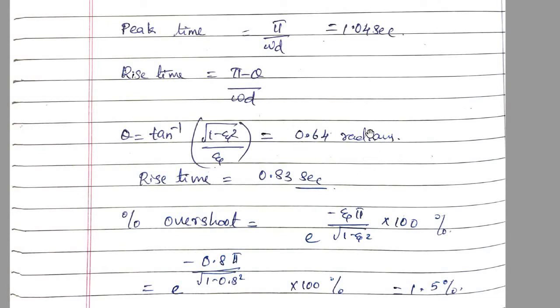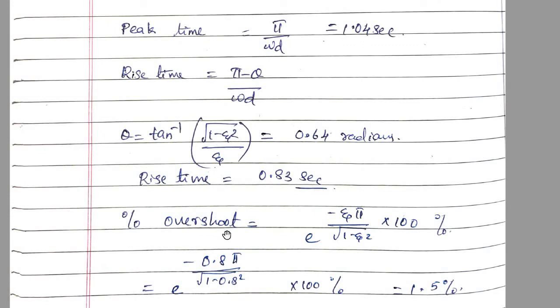In finding all this, make sure that your calculator is in radian mode. We have to find the value of theta in radians only, not in degrees. If we substitute the values of theta, pi and omega d in the expression for rise time, we will get rise time equal to 0.83 second.